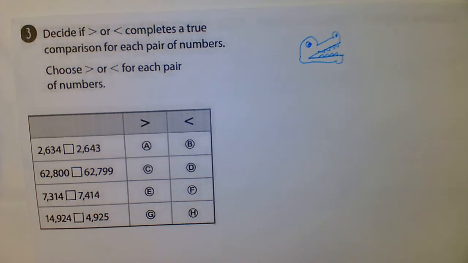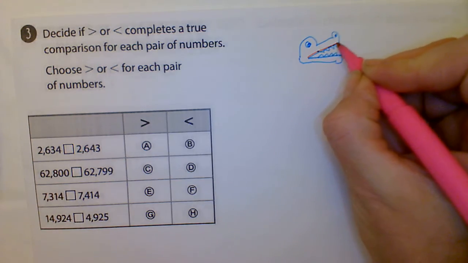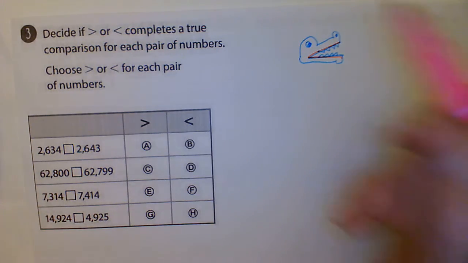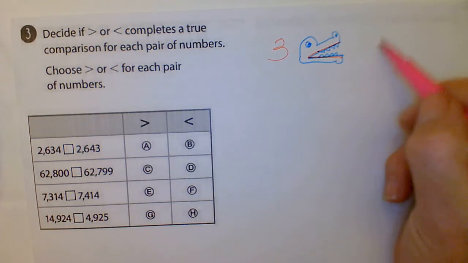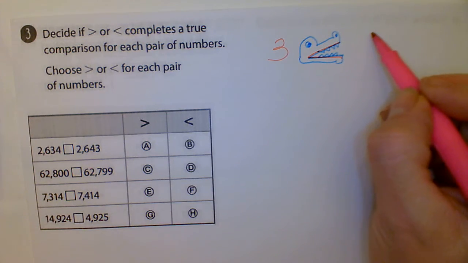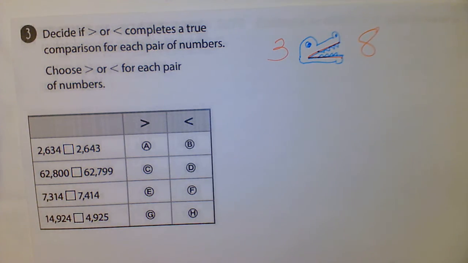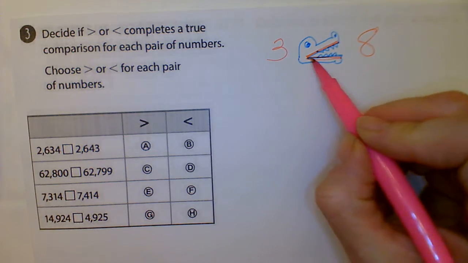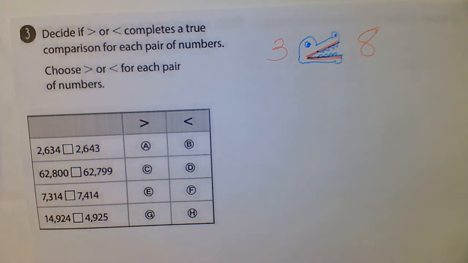Remember, here is my sign right here. Whichever way it opens is going to be the larger number. So for example, if I had a 3, I would have to put a larger number here because he wants to eat the bigger number. He's hungry. So I could do something like 3 and 8. The alligator will always eat the larger number.